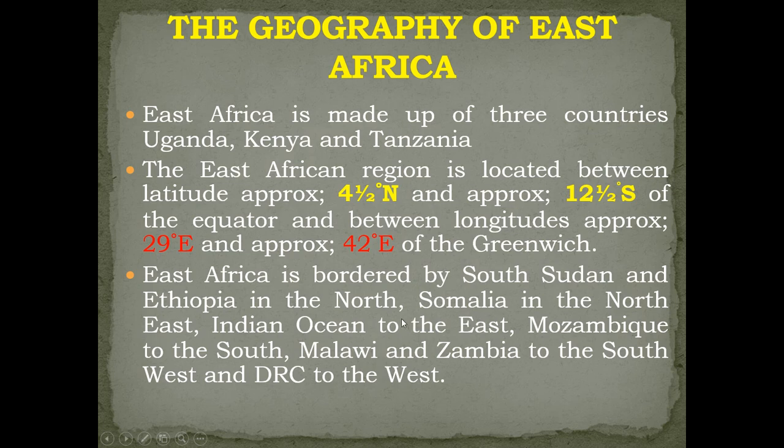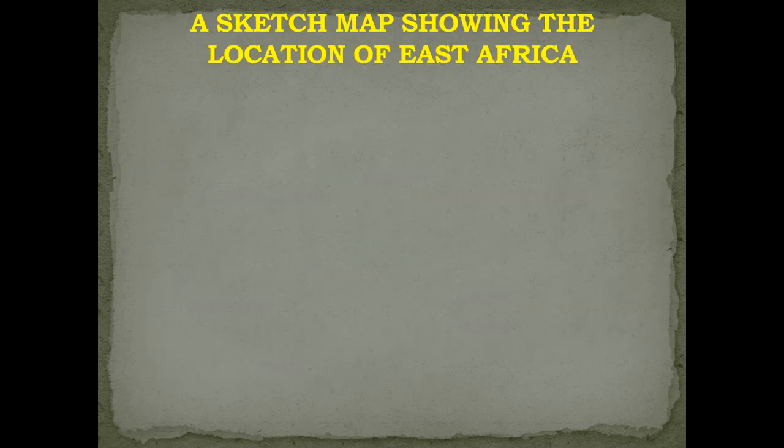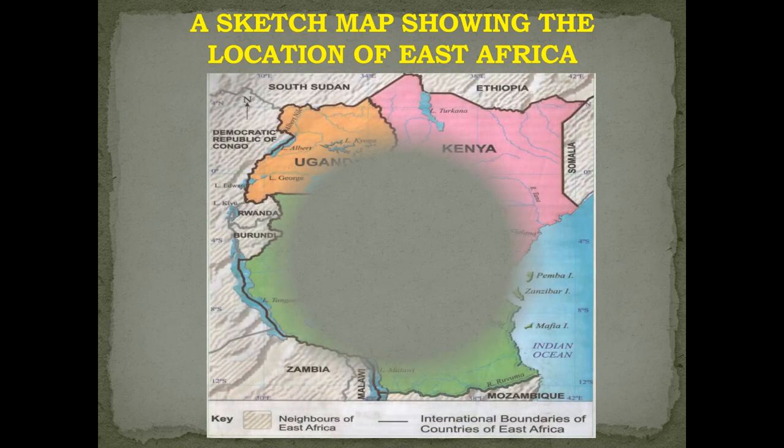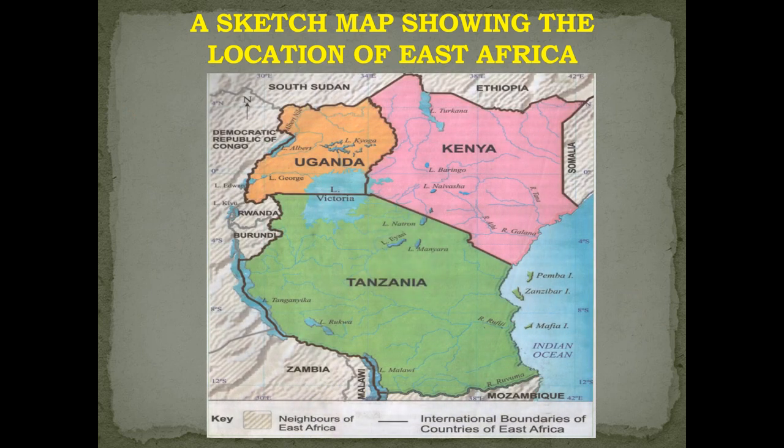We can make reference to this introduction or this location to the sketch map showing the location of East Africa. So we have, this is Uganda, this is Kenya, this is Tanzania. To the east of Uganda there is Kenya.